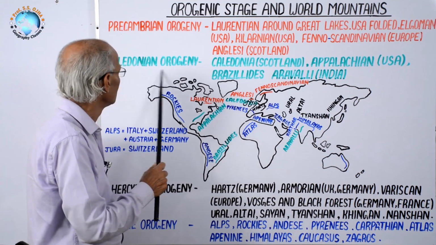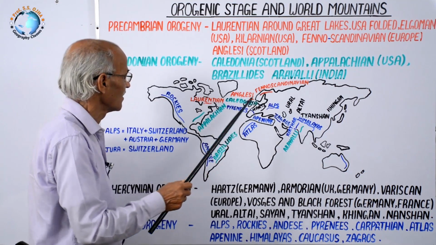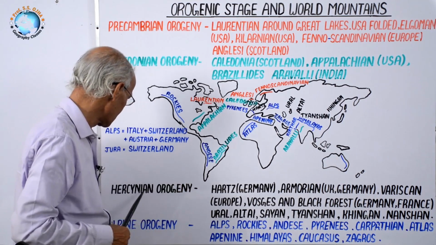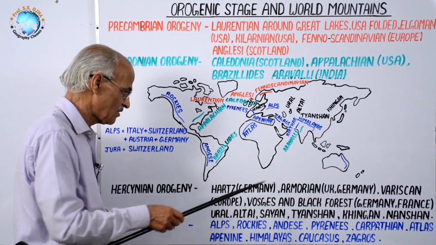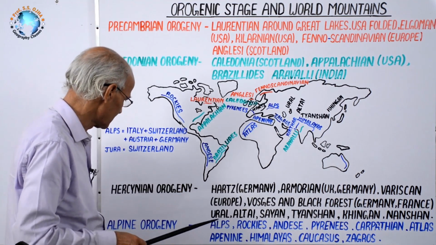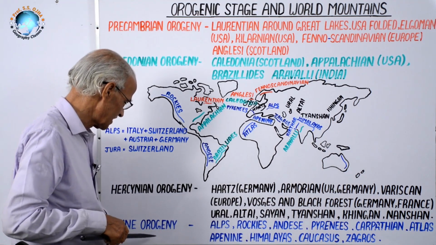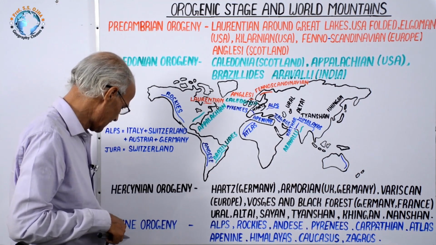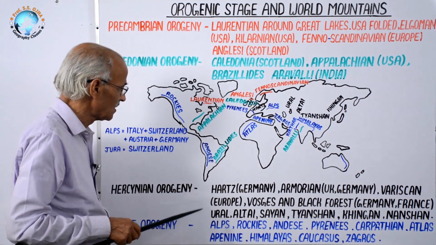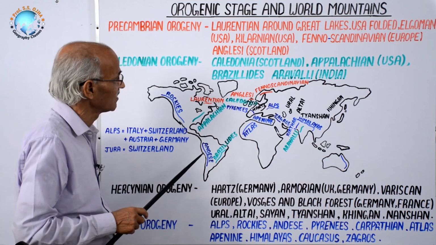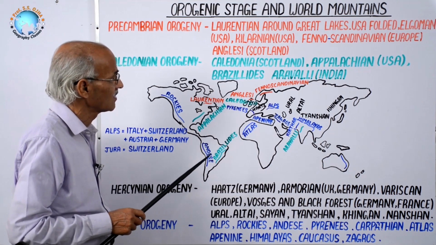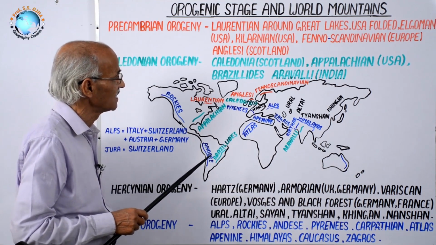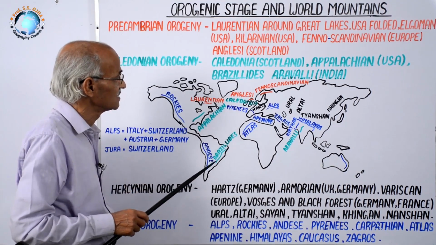In the second phase, Caledonian, several mountains formed. In the third phase, Hercynian, a number of mountains came into existence. And the last phase, the present going on phase, is Alpine. So Mother Earth has given birth to a number of mountains, very high peaks, in 4 stages.